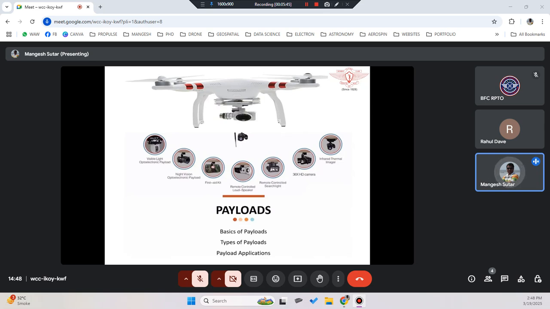I mean, there are endless uses. As I said, drones are being used now even for spraying activities, and drones are getting developed as firefighter drones also. Earlier, the fire brigade used to come with big ladders, and firemen would climb those ladders with the hose pipe and try to spray the water.